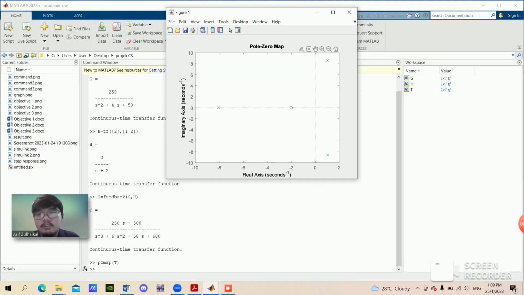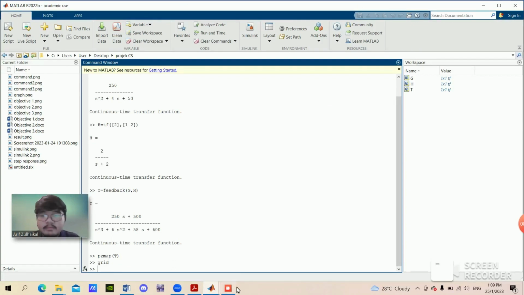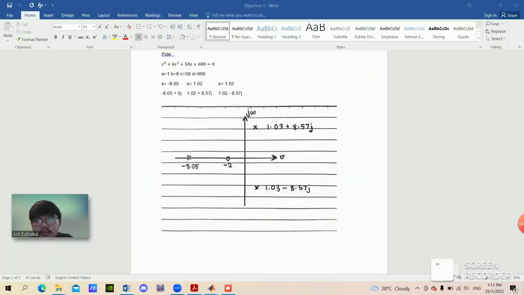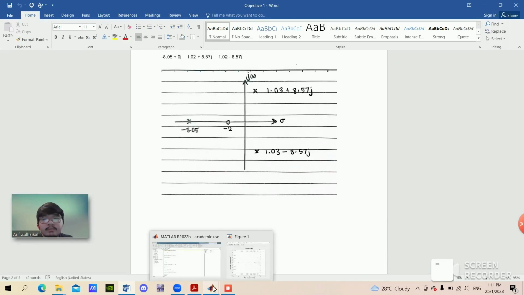This is the graph, and it is the same as the drawing I made.